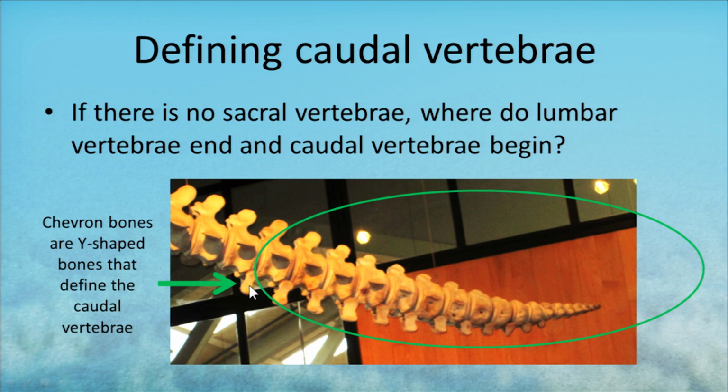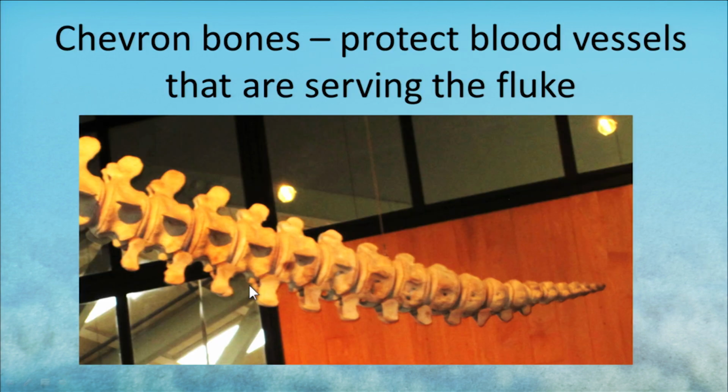So what's the purpose of chevron bones? Well, chevron bones actually protect blood vessels that are running down and serving the fluke. If you are consistently swimming and doing this motion with your fluke here, then one of the things you're going to need is a whole lot of blood to serve all those muscles that are working tirelessly to propel you through the water.